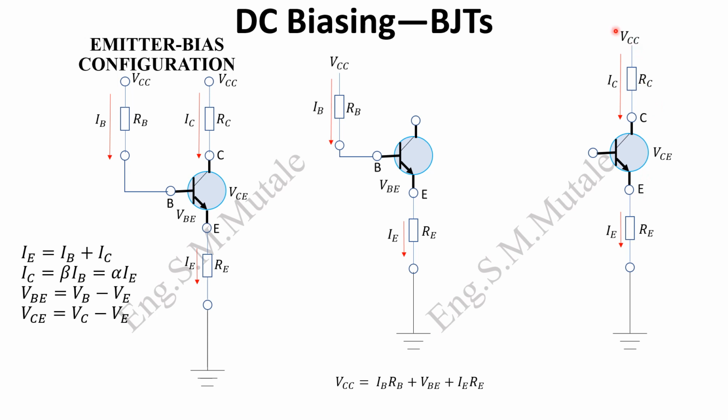We know that our VCC, which is the supply voltage, will have voltage drops. It will have a voltage drop across the collector resistor, a voltage drop across collector and emitter, which is VCE, and a voltage drop across the emitter, which is IE RE. That will produce that equation. Then we can solve. It's as easy as that.